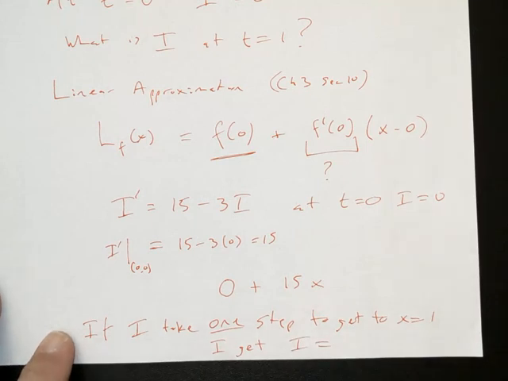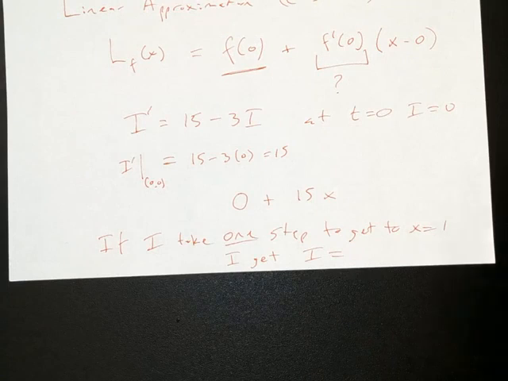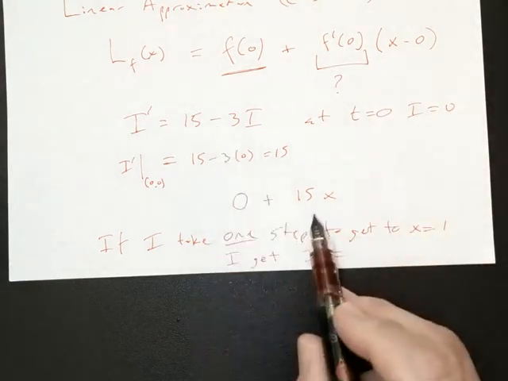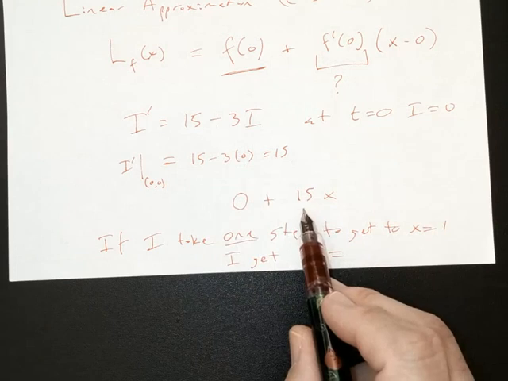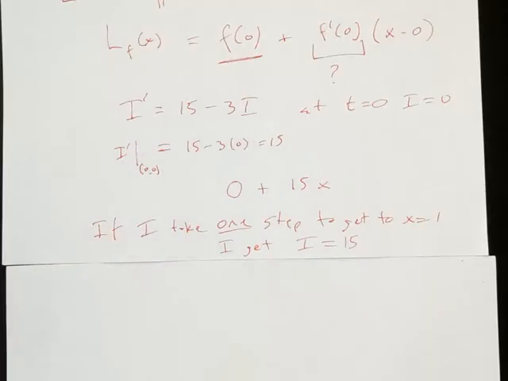What do you get for current if you take this equation and plug in 1? No, I'm not plugging it in here. I'm plugging it in here to the line we just found. Aha! But either way, that doesn't make sense to me, does it? Because if I look at that picture, we should stop by 5, shouldn't we? So that seems like too big a story to follow. I don't like that.